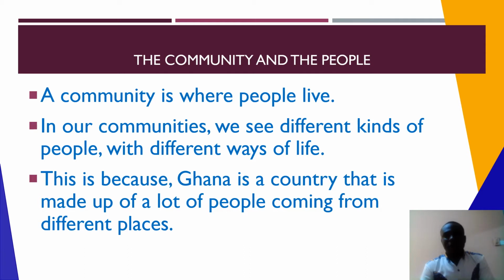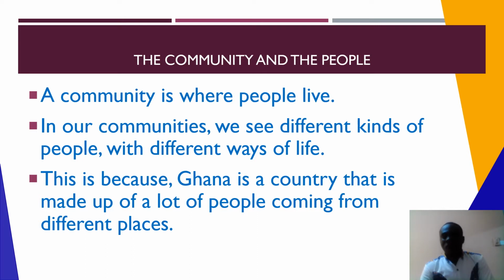Since we are talking about people and community, then we have to consider what a community is. We are looking at a community as a place where people live, a place where people stay. Everybody lives in a community one way or the other.